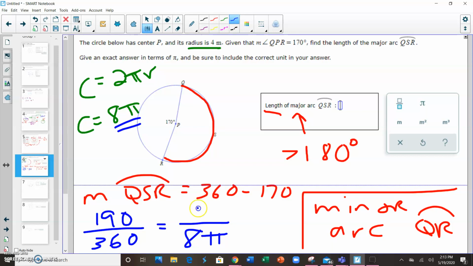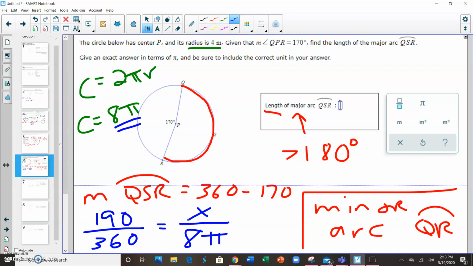I'm just going to put an x here, and that is going to be my answer. So I'd cross multiply: 190 times 8 pi, leaving the pi as pi, and then divide that by 360. So 190 times 8 divided by 360, I'm getting 4.2 repeating. So that would be 4.2 repeating pi.